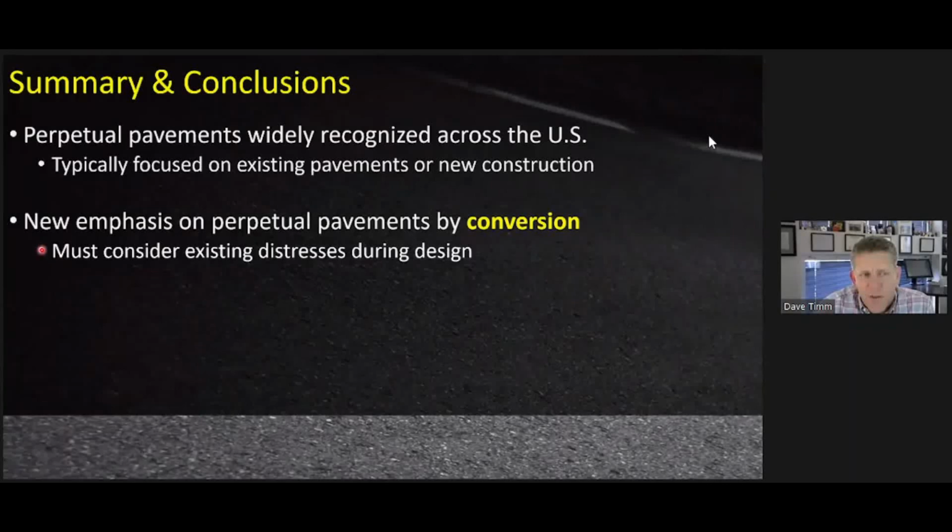It's critically important, though, to consider the existing distresses during the design and then ultimately the construction phase to make sure that we're handling that, because if we don't handle it, we're just potentially building a relatively thick pavement that's going to have reflective cracks, for example. So we need to be careful about that, but we can do it. And there's lots of examples of that being done successfully.